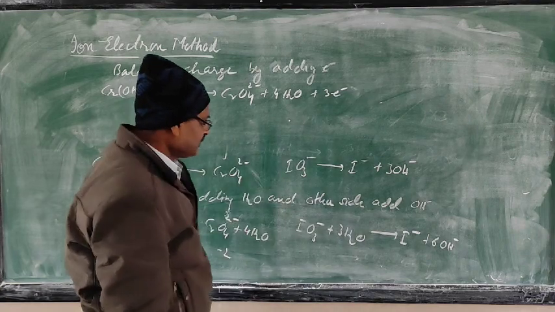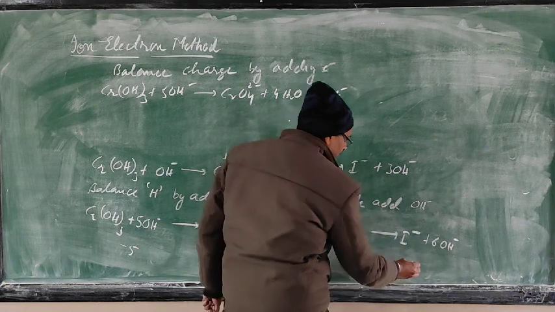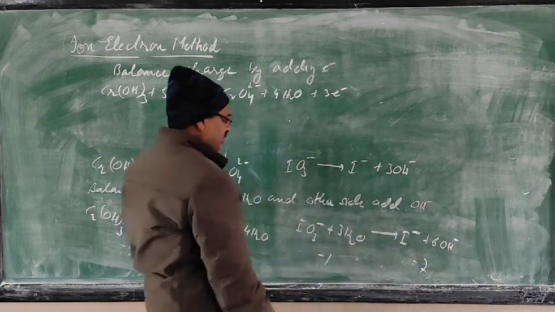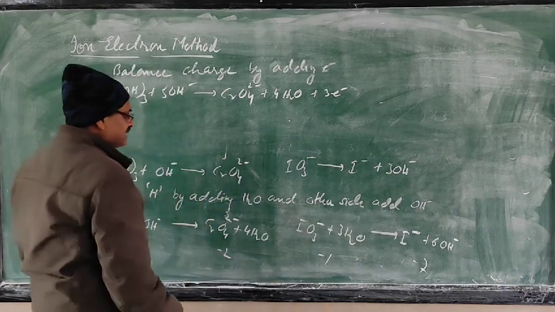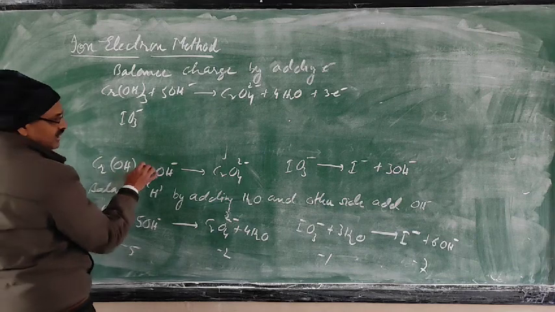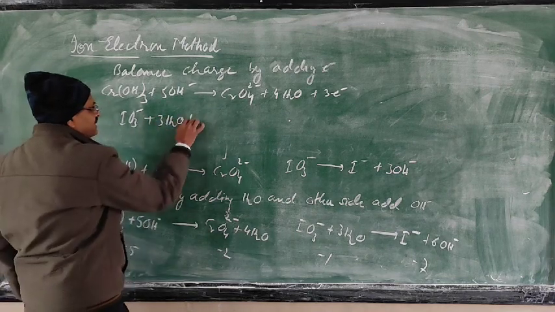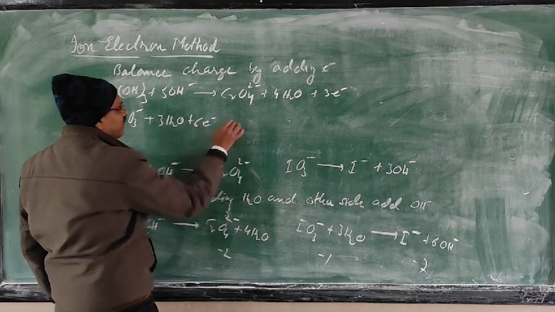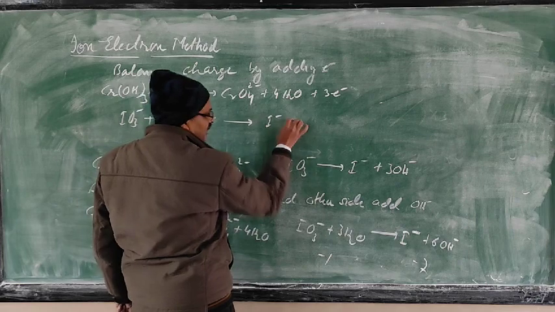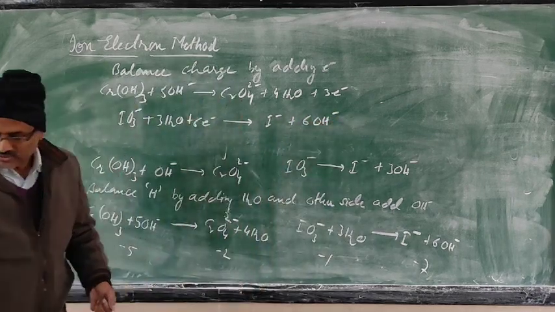Then for the other one, count: that side is minus 7 and here it is minus 1, so you add 6 electrons on this side, plus 6 OH minus.